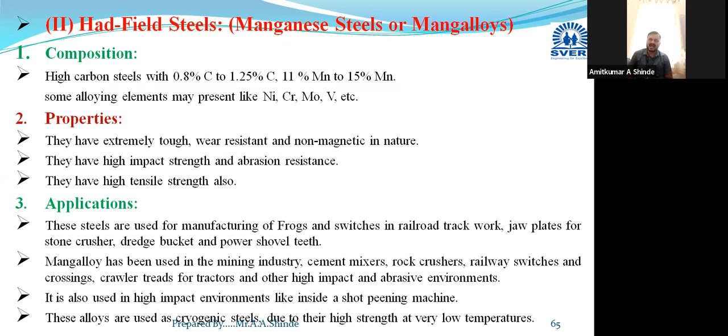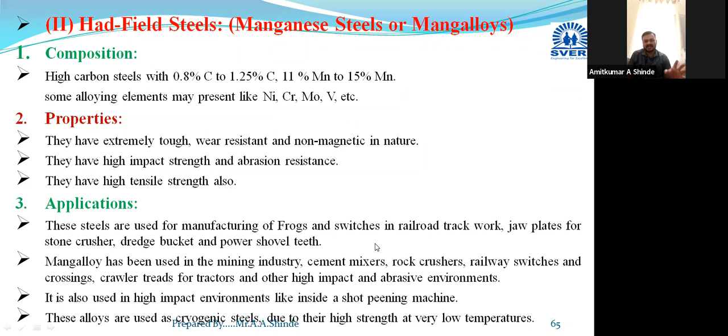They provide very high resistance for wear and abrasion. Then applications. These steels are used for manufacturing of frogs and switches in railroad tracks.